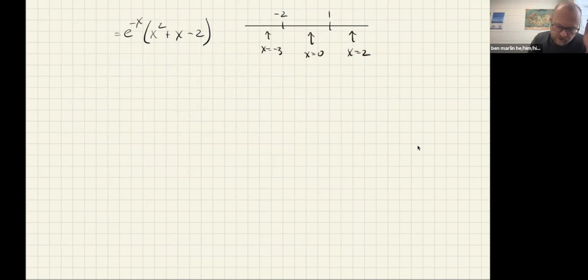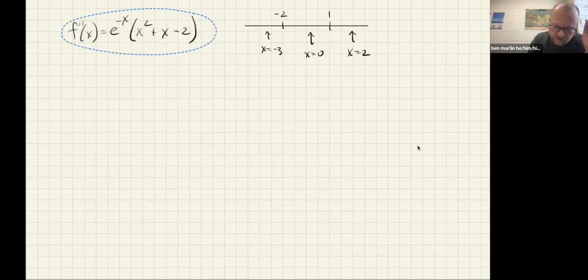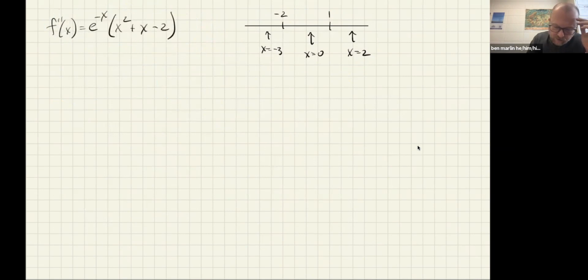And say that was f double prime of x. All right. So, figuring out f double prime of negative 3, f double prime of 0, and f double prime of positive 2.